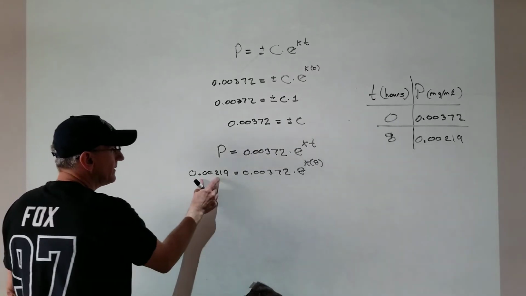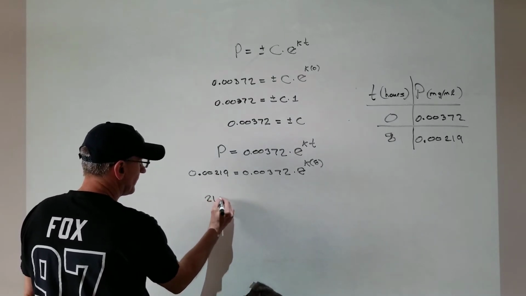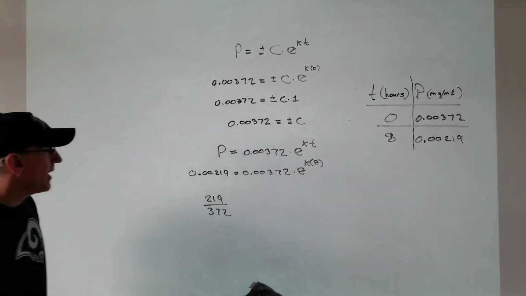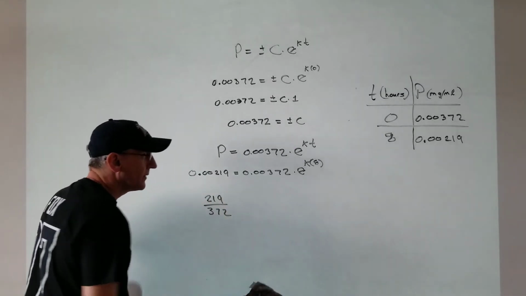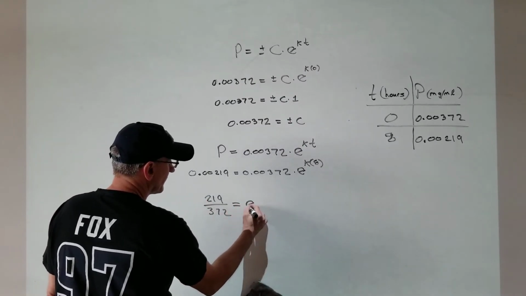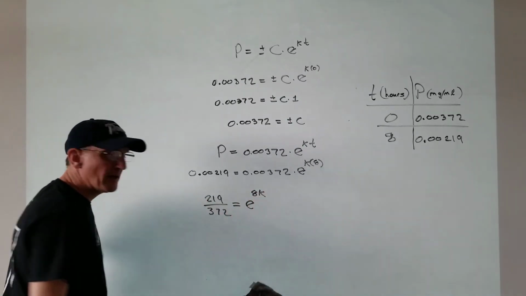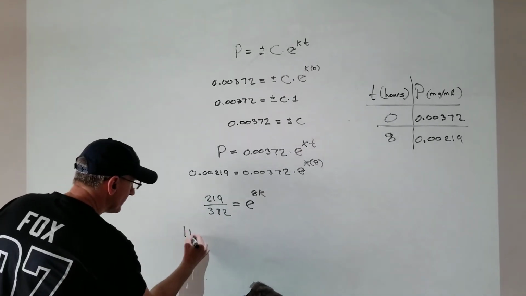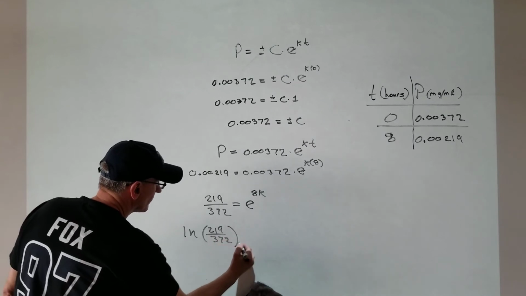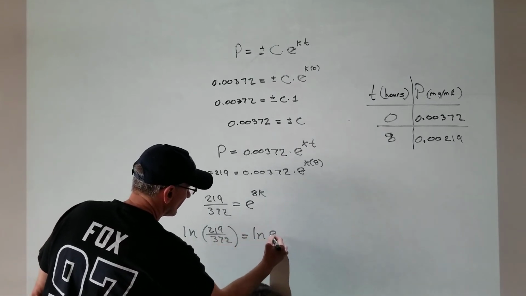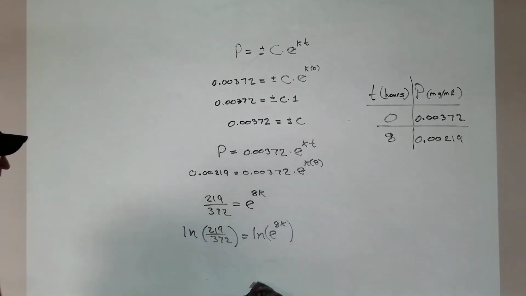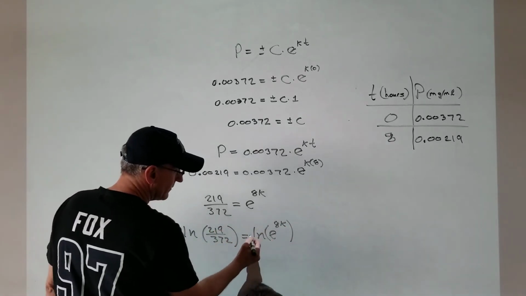So I will divide this by that. And I went ahead and multiplied each one of these by 100,000 so I didn't have to deal with those decimals. And anyway, it's a correct ratio. I'm going to take a natural log on both sides, for the purpose of using the inverse properties of logs and exponents.